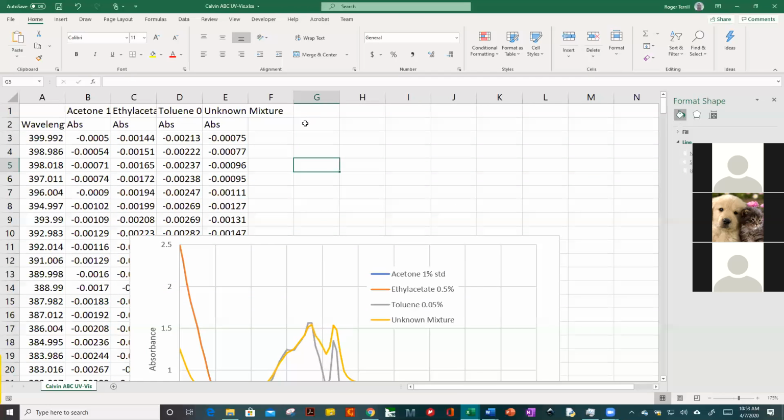So now what I'm going to say is epsilon acetone, epsilon EA, and epsilon toluene. Okay. So in order to calculate these, what we need is the absorbance and the concentration.